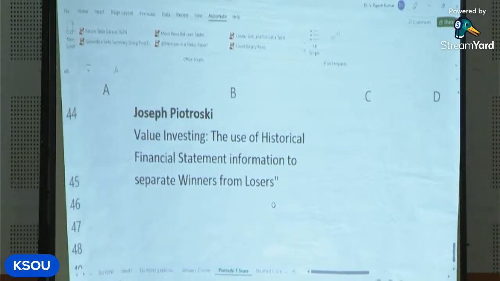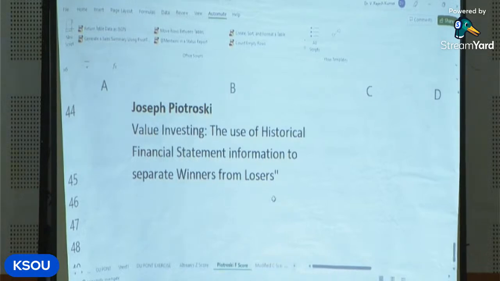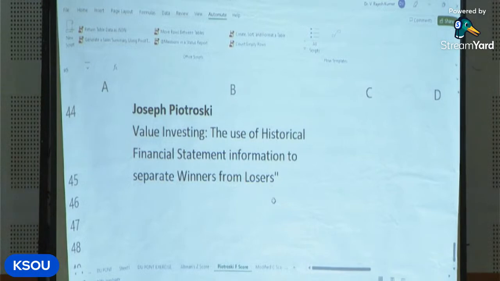So which stocks are winning stocks, which stocks are losing stocks. To separate them, he came up with this model. Trust me, so simple, so simple.